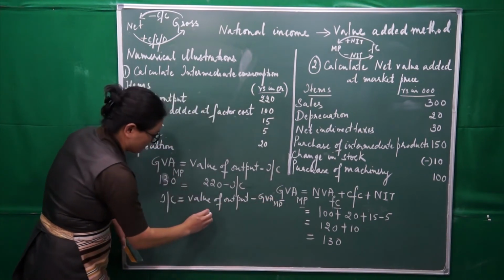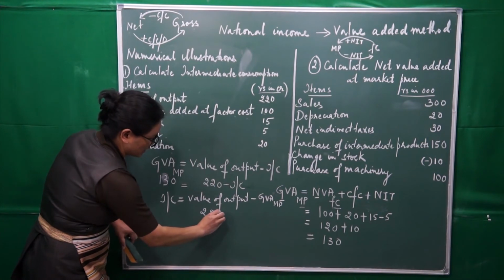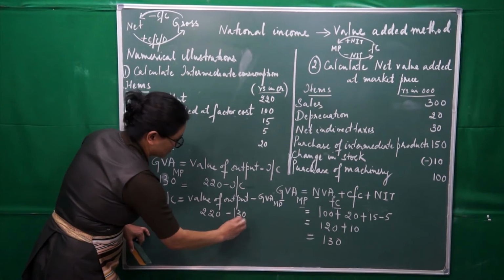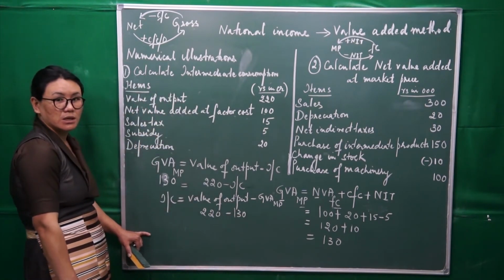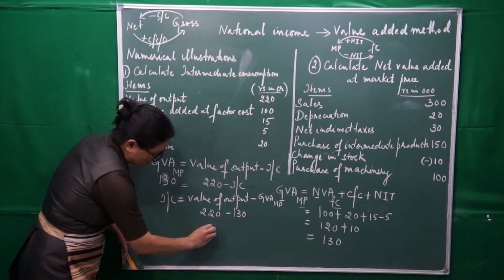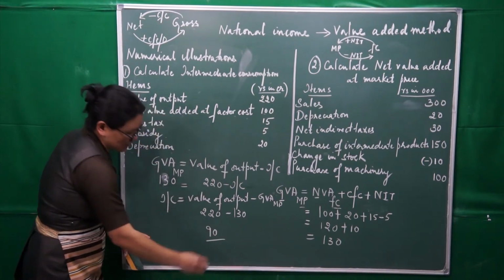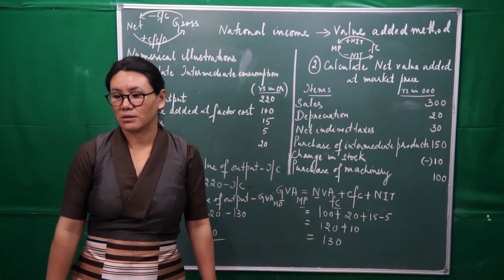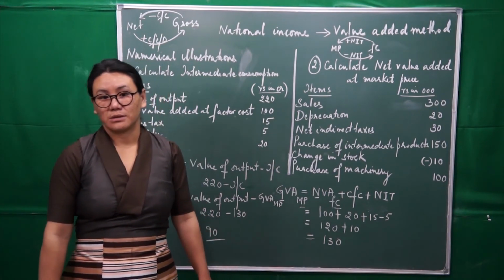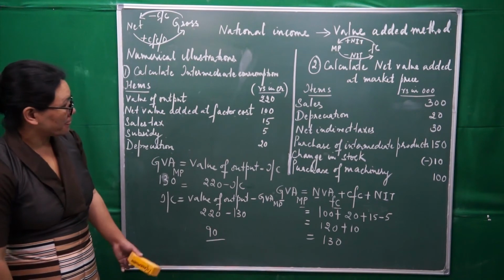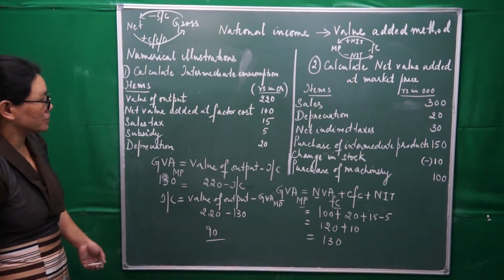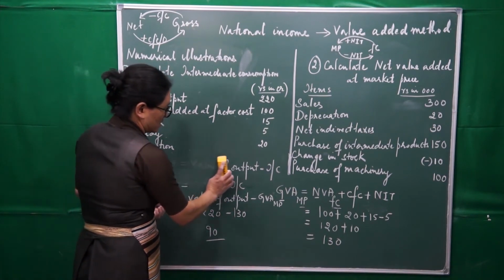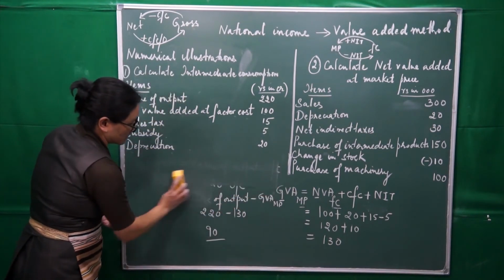So value of output is given 220 minus GVA at market price is 130, which is 90. So intermediate consumption is 90 here. Right. Okay. So this is how you have to go for it. Now second part.